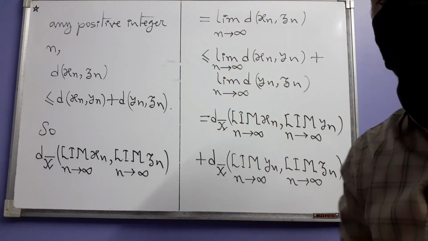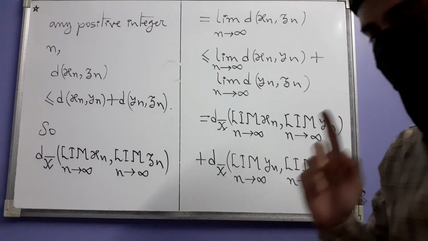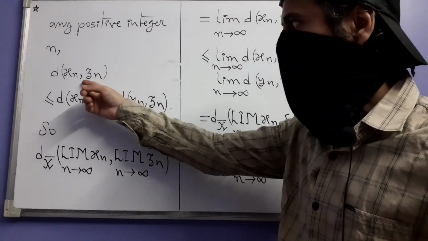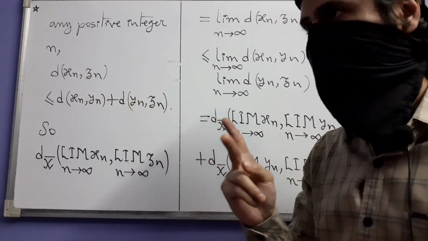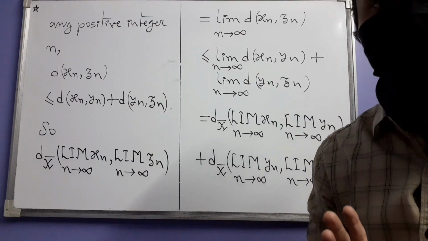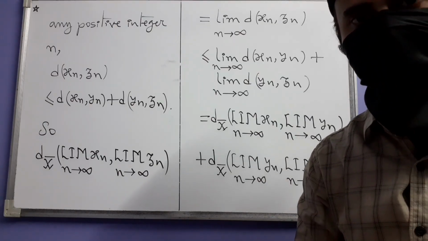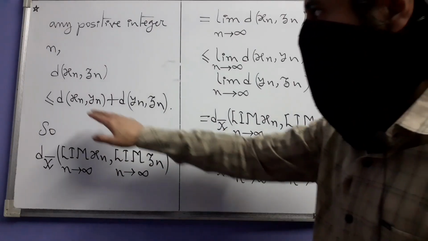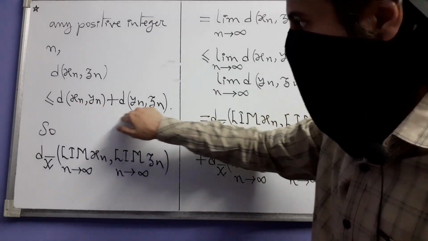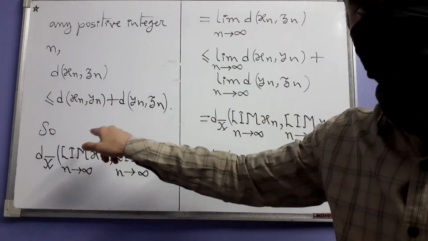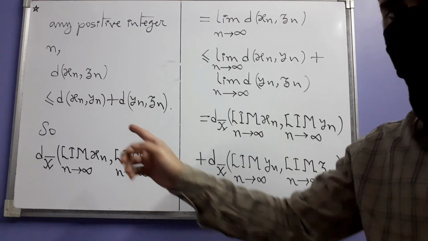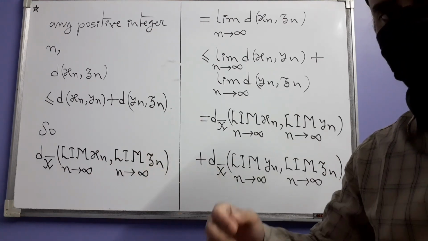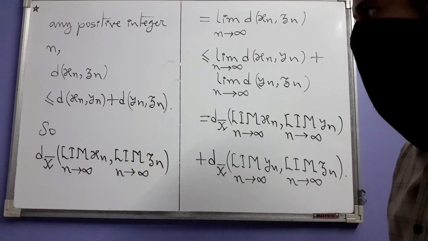How are we getting this step? See, first of all, you are looking at 3 sequences of real numbers here, all of which are convergent, that we proved in the beginning itself. So because this one and this one are convergent, their sum is also convergent by one of the properties, that means algebra of limits.